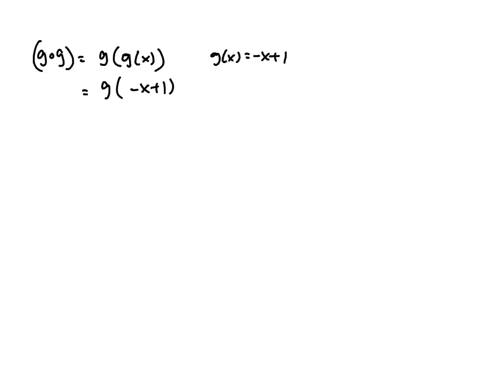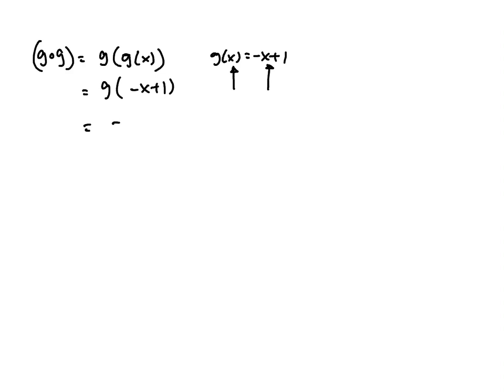Alright, and I will do g of g. By definition, g of g is g of g of x. So I'm going to plug g into g. So g is negative x plus 1. So here you go. Once I plug in negative x plus 1 into g, wherever I see x, I am going to replace it with negative x plus 1.